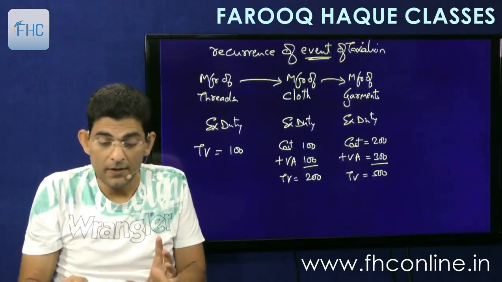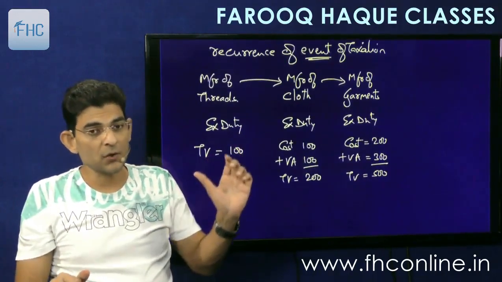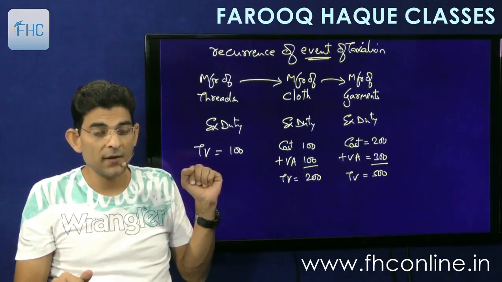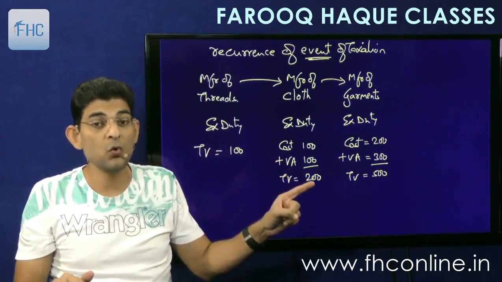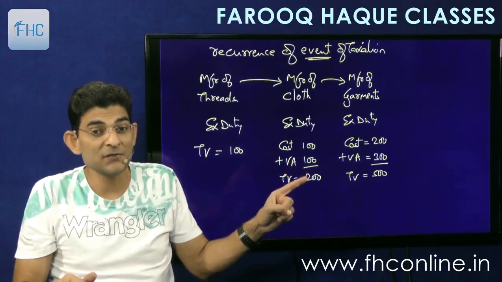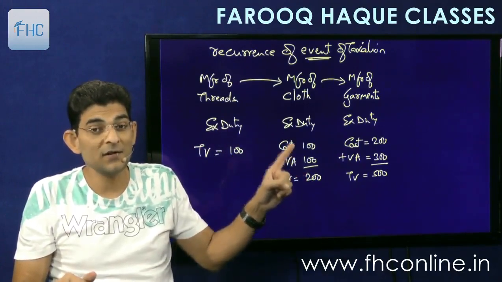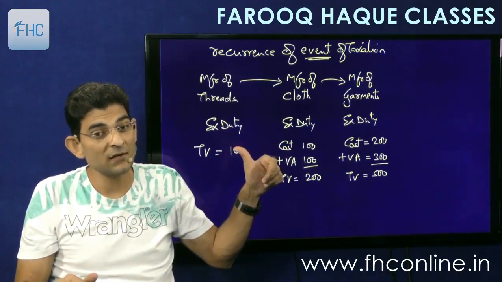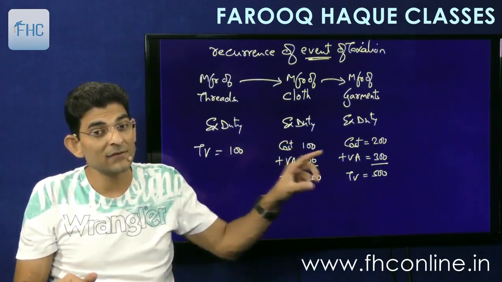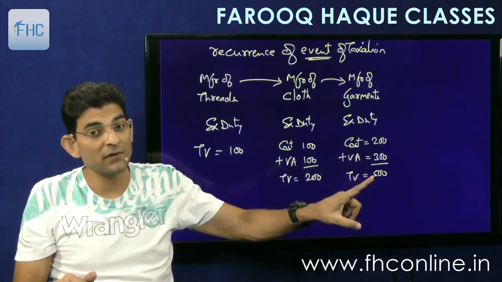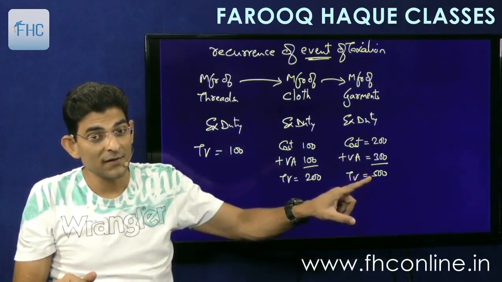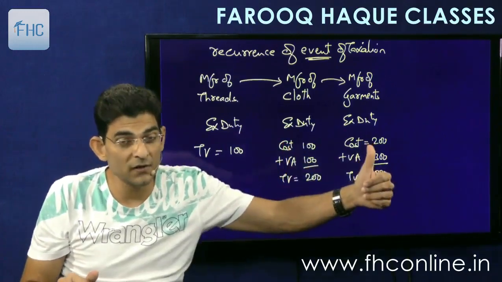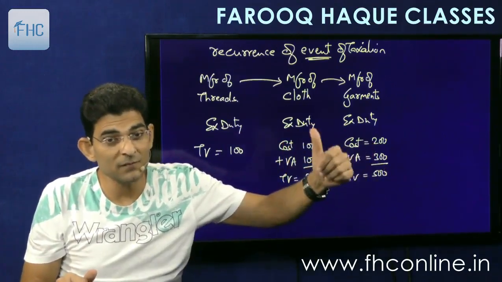Now if we were to charge tax on 100 in the first person's hands, he pays tax on 100. But if you charge tax on 200 in the second person's hands, then this 100 will also become taxed. So this 100 which has already been taxed here will be taxed again. And then if you were to charge tax on 500 in the hands of the third person, then this 100, which becomes cost here and carries over, will be taxed for the third time.